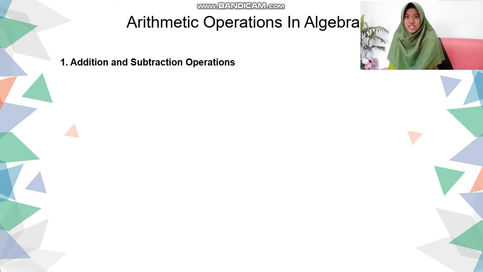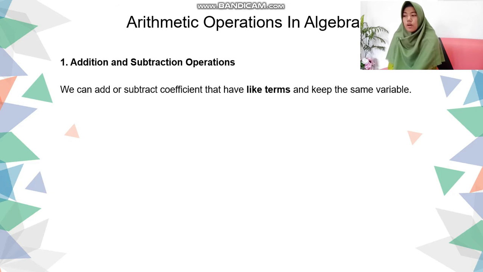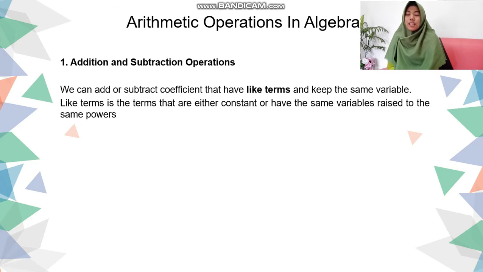First, addition and subtraction operations. We can add or subtract coefficients that have like terms and keep the same variable. What is like terms? Like terms are the terms that are either constant or have the same variables raised to the same powers.